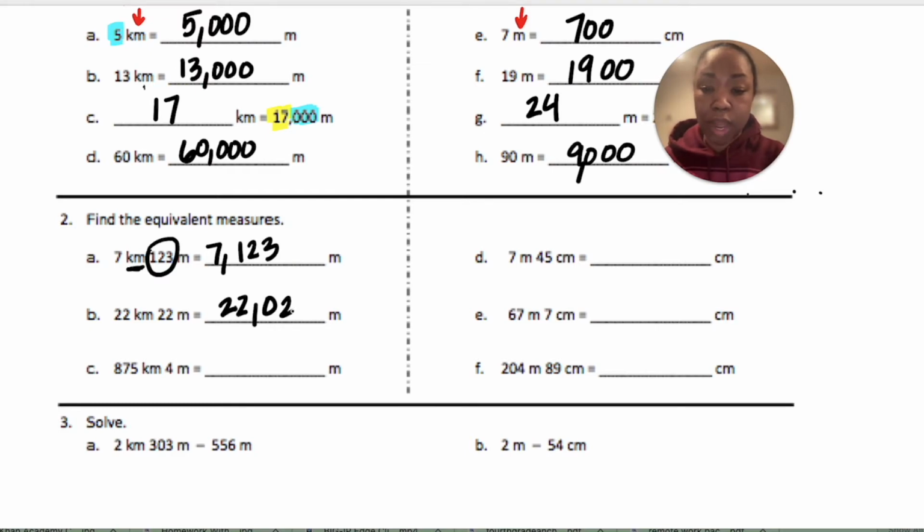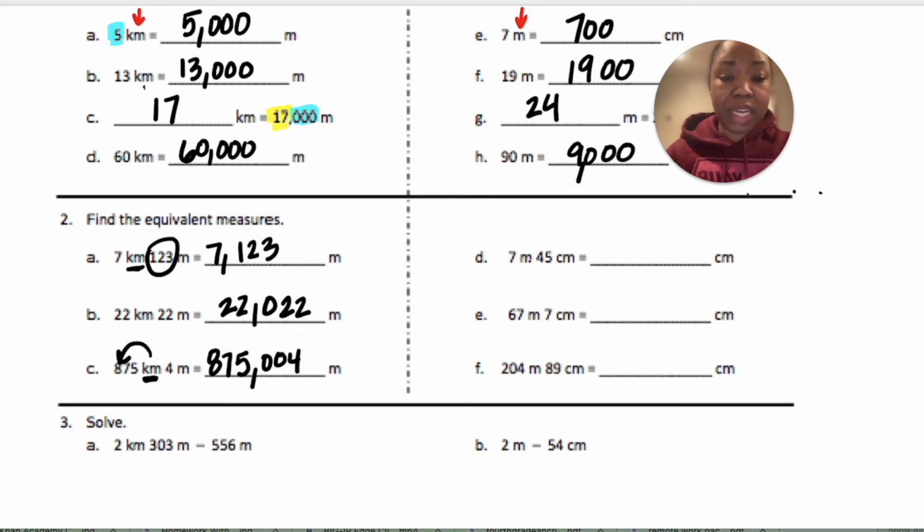No hundreds, right? And 22. 2 tens, 2 ones is 22. This would be 875,000, right? Because this is how many thousands it is. 4. So no hundreds, no tens, and 4.